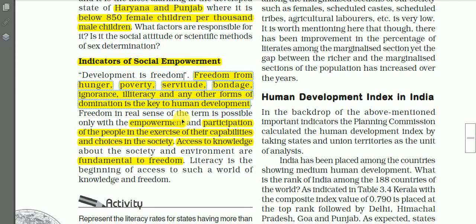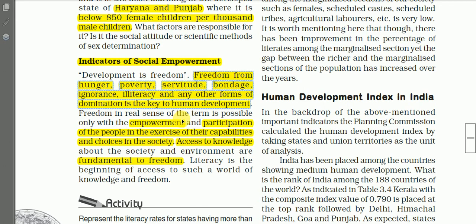So for the indicators of social empowerment, I say freedom from hunger, then freedom from poverty, freedom from servitude. Servitude, you know, is a state of subjection to an owner or master, or forced labor. That means it is almost similar to slavery, bondage.